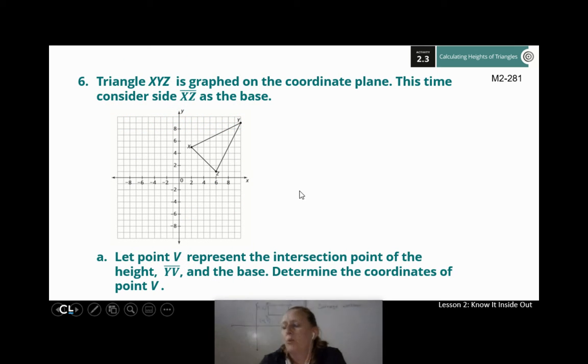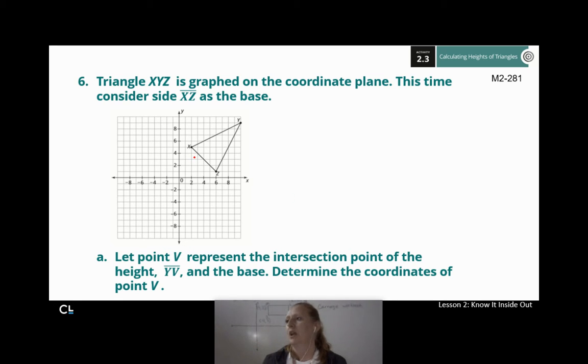So let's go through a few steps. We're going to write point V, which represents where our height hits the base. So here's my base, and I'm going to put a point V on here somewhere. Remember, height has to go from the top and drop straight down, perpendicular to the base.